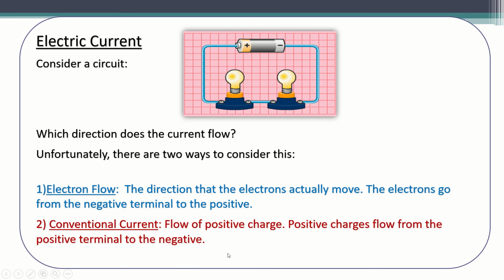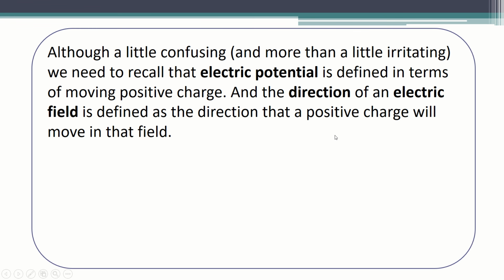So it's always going to be from positive to negative, and we're going to think of it as positive charges rather than negative charges. It's a little confusing, but that's the way, for some reason, people still learn this, and we still use it today. So we're going to learn it the same way, unfortunately. But it's not that hard. I mean, once you understand the difference, it's pretty straightforward.